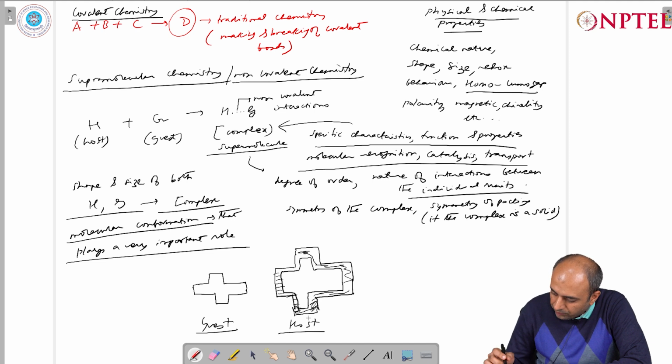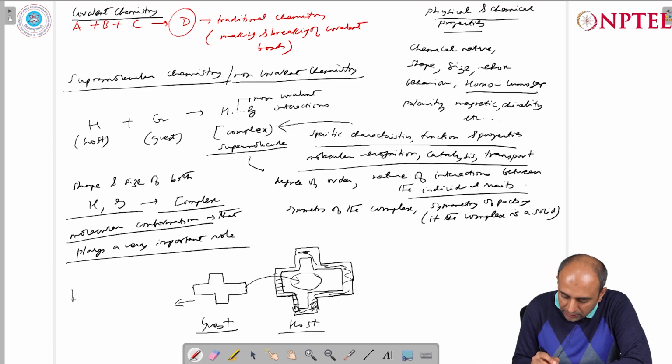To start with, there is a void which is present in the structure of the host, and if the guest is able to include itself into this space which is created by the host molecule, then it will form a supramolecular complex where my host will include the guest.